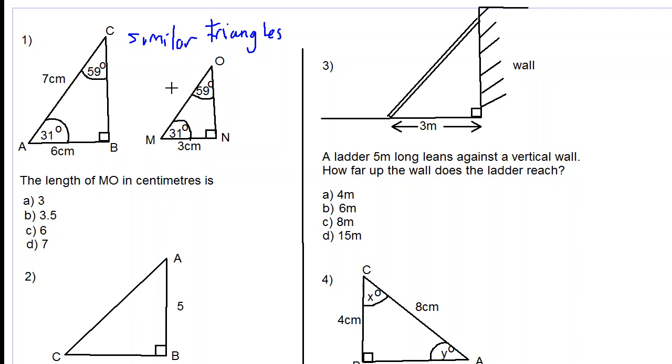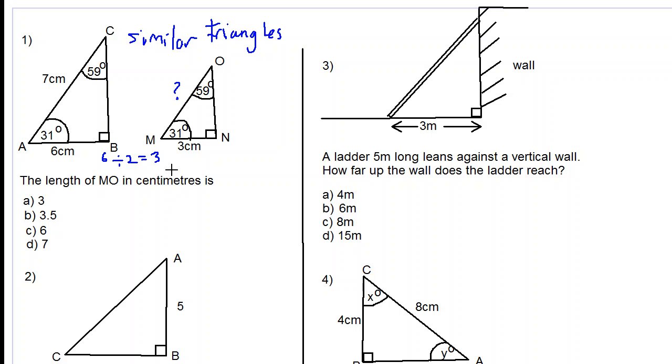So we have similar triangles, and we are asked to find the length of MO in centimeters. To find this length MO, we look at the ratios of the sides. So 6 divided by 2 gives 3.